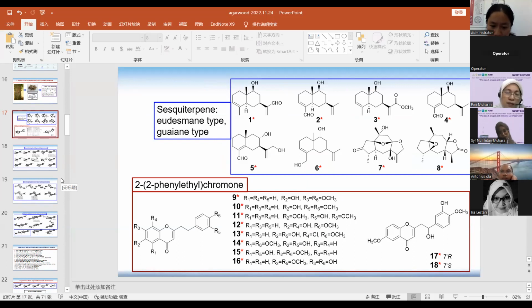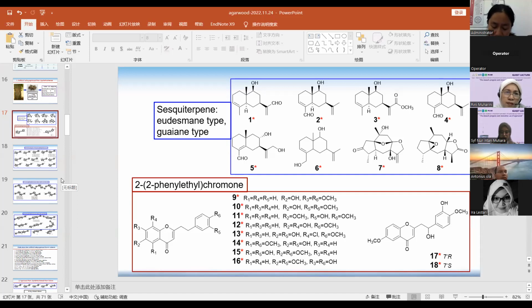So the composition inside is a little different. But if the artificial agarwood grows long enough, they also will have the same composition. So the main compounds in the agarwood are scopolamine and chromone, but there are still some different structures during the agarwood production.